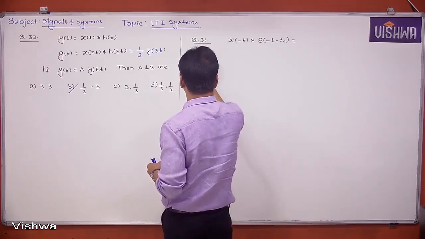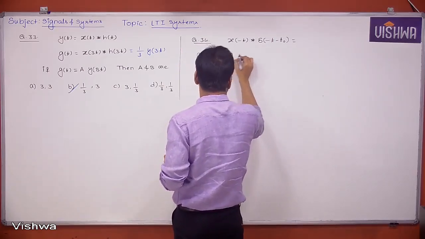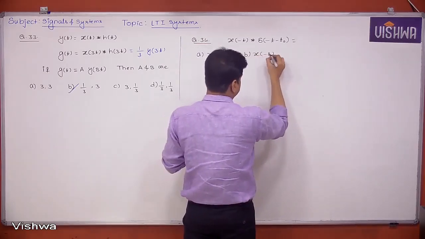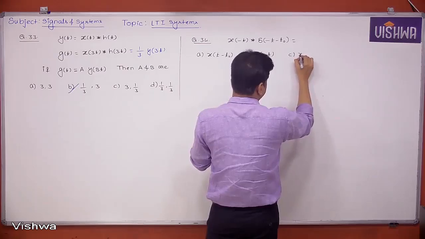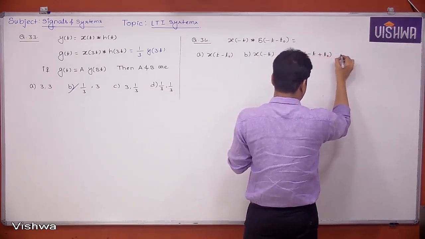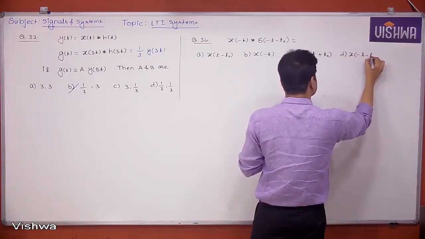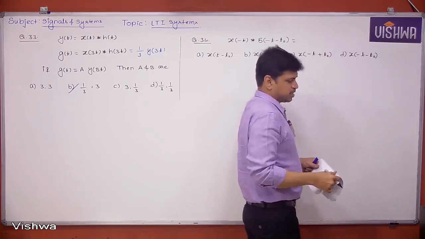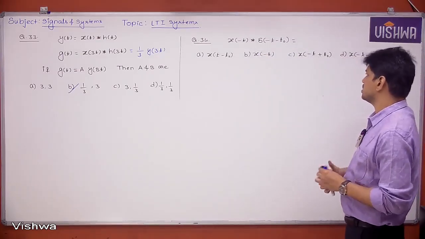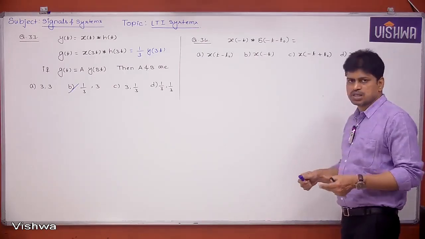Options: option A, x of t minus t naught; option B, x of minus t; option C, x of minus t plus t naught; option D, x of minus t minus t naught. Which is the correct answer? If x of minus t is convolving with delta of minus t naught, let's check it out.